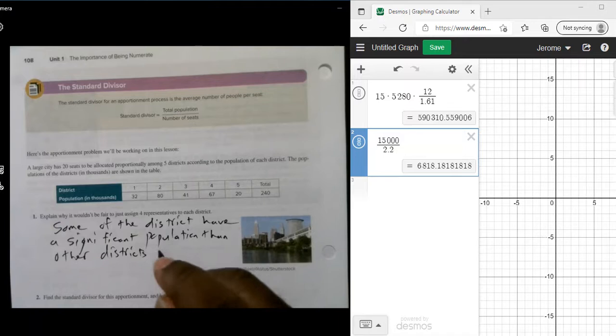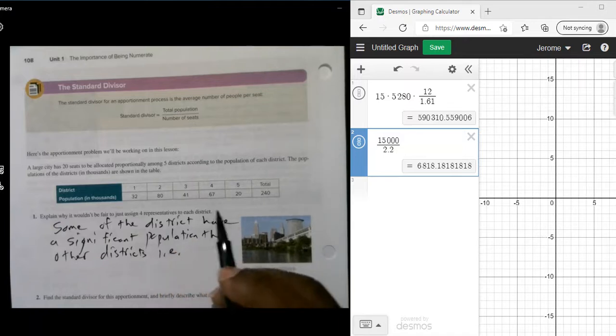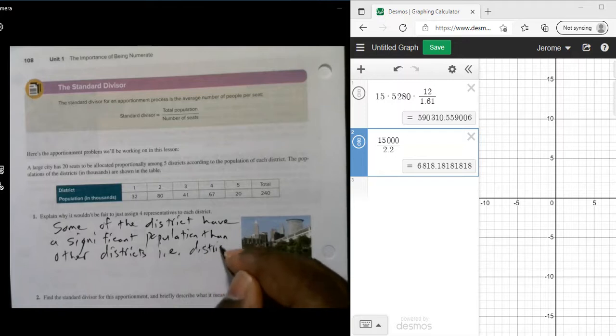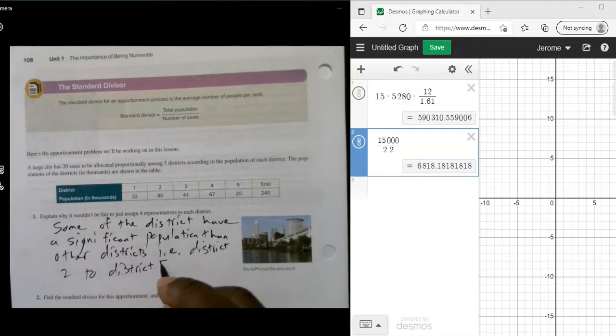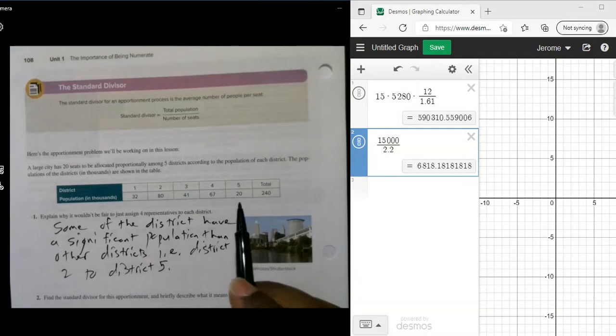For example, when you compare District 2 to District 5, District 2 has 4 times the population that District 5 does. So that wouldn't be fair, that we give the same amount of representation.